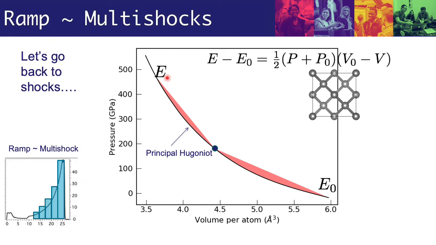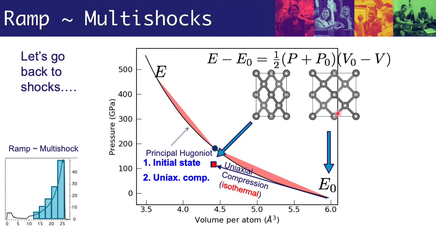So we think that RAM compression is like a series of shocks that come one after the other, and the energy goes into compressing the material instead of heating it. So what we will do in our model is to start from an initial condition in hydrostatic equilibrium, and we will perform uniaxial compressions as it happens with experiments.